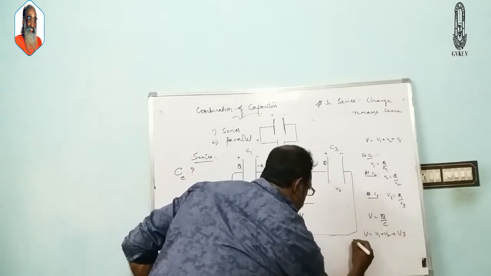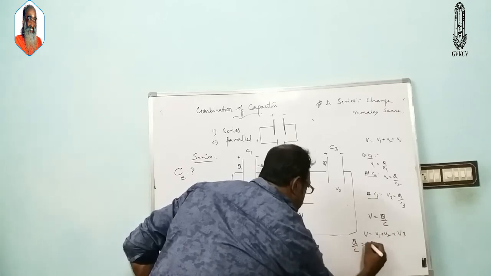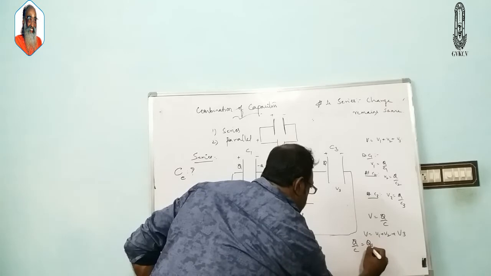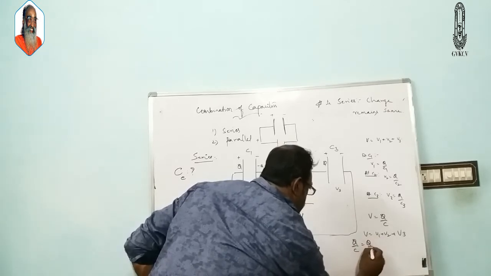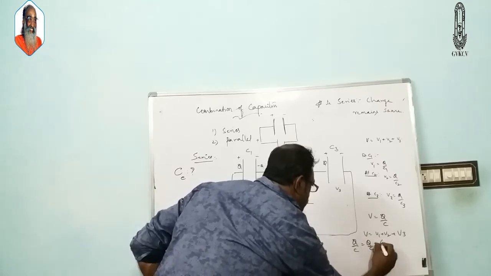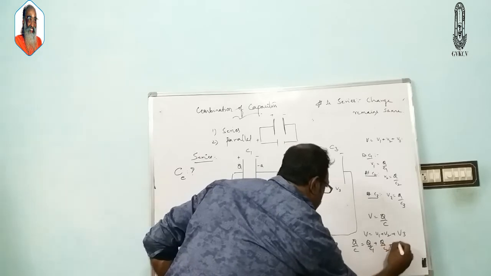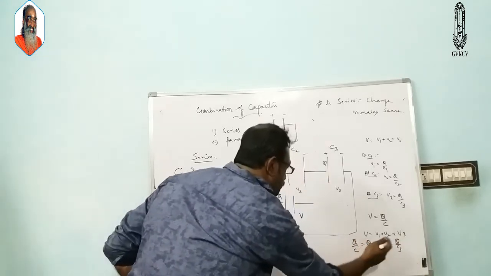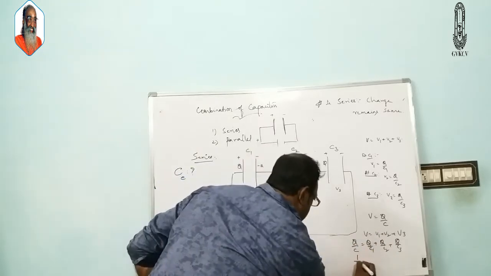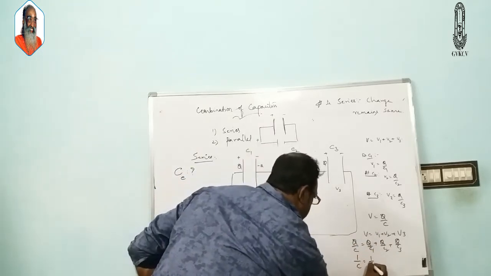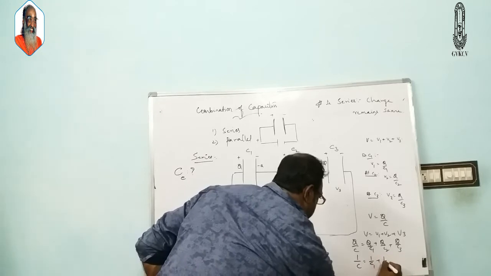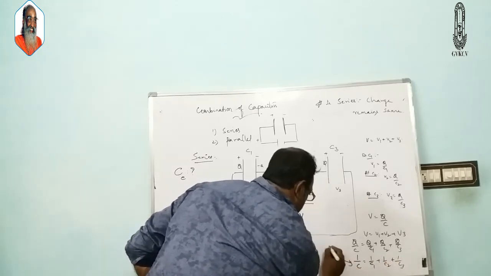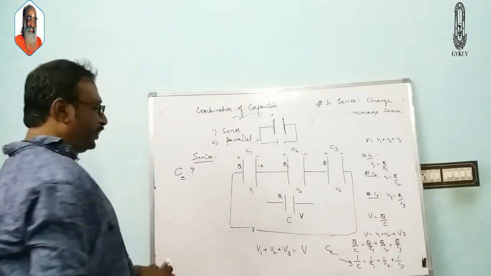V is equal to Q by C. V1 is equal to Q by C1, V2 is Q by C2, and V3 is Q by C3. Taking Q common on both sides, they get cancelled. So we are going to get 1 by C is equal to 1 by C1 plus 1 by C2 plus 1 by C3, and this is your effective capacitance.